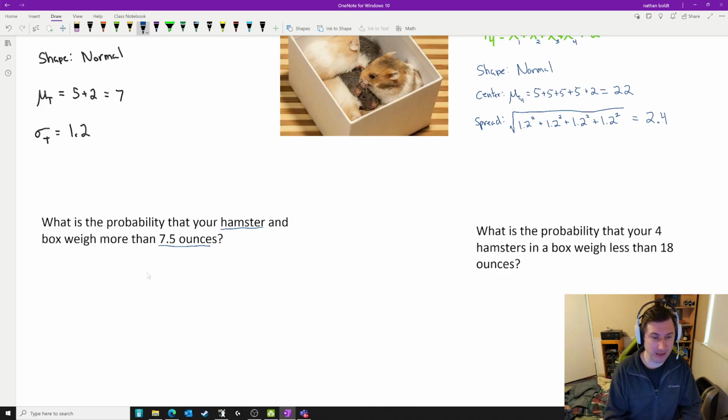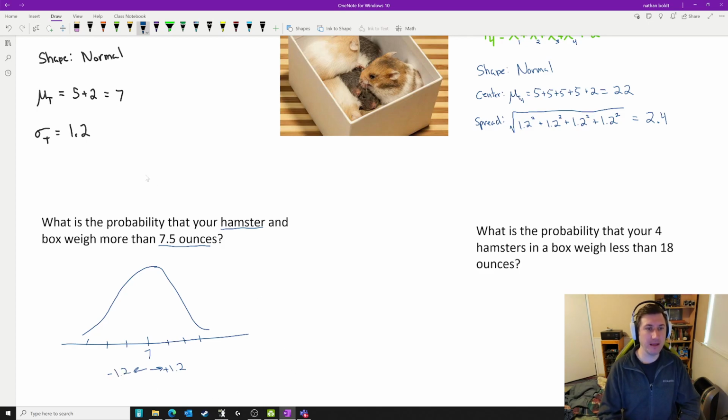Let me draw you a picture real quick because it's always good to draw a picture. So the center was 7, and we added 1.2, and we subtracted 1.2 for my standard deviations. And I want to know what is the probability that it's more than 7.5. So 7.5 is somewhere over here, isn't it? Let's call that 7.5.